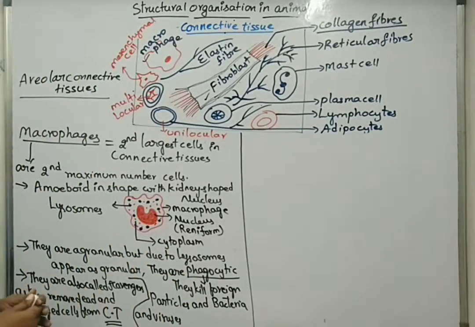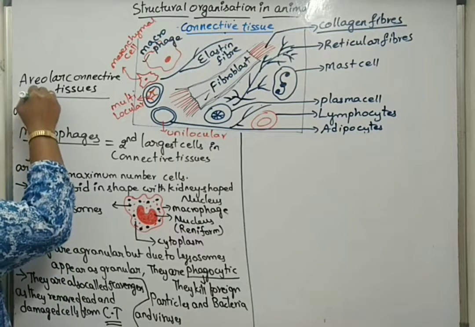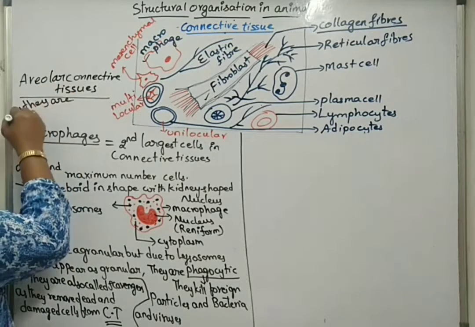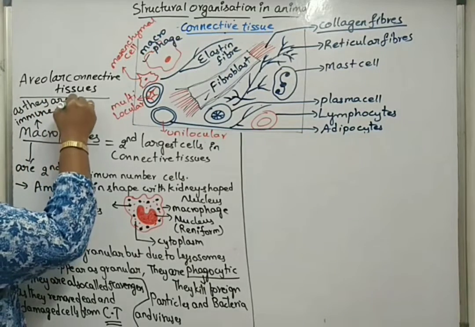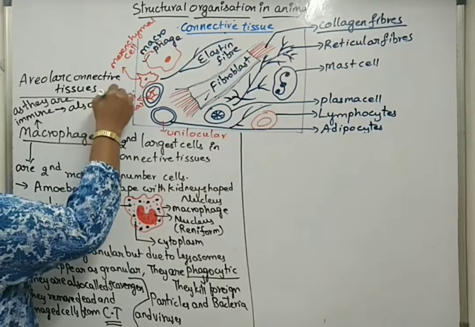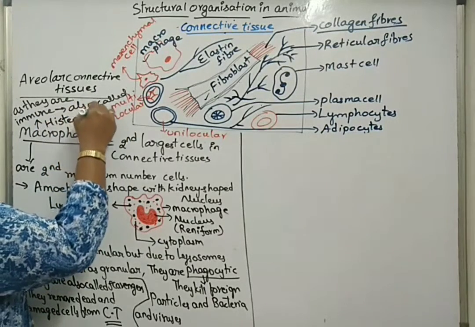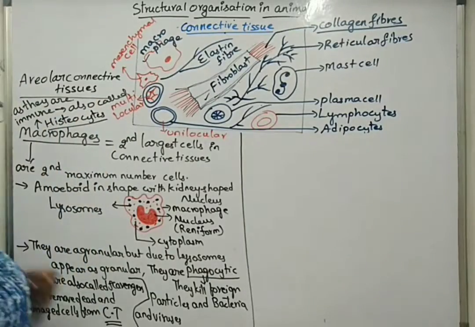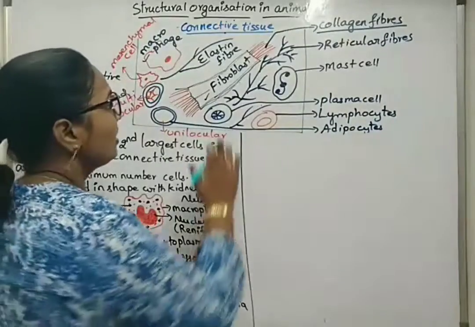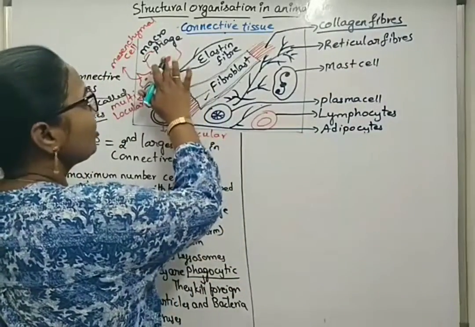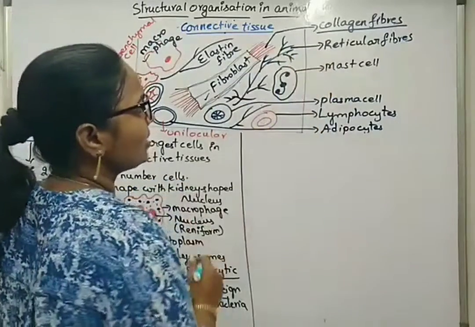They are also called as histiocytes, as they are immune cells. Histiocytes are immune cells that are resident in the tissues. Here we have finished macrophages, elastin fibers, fibroblasts, collagen and reticular tissues.